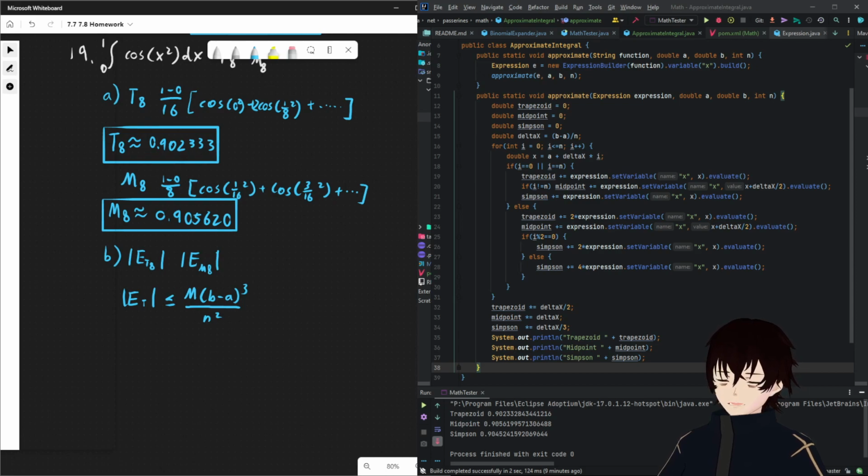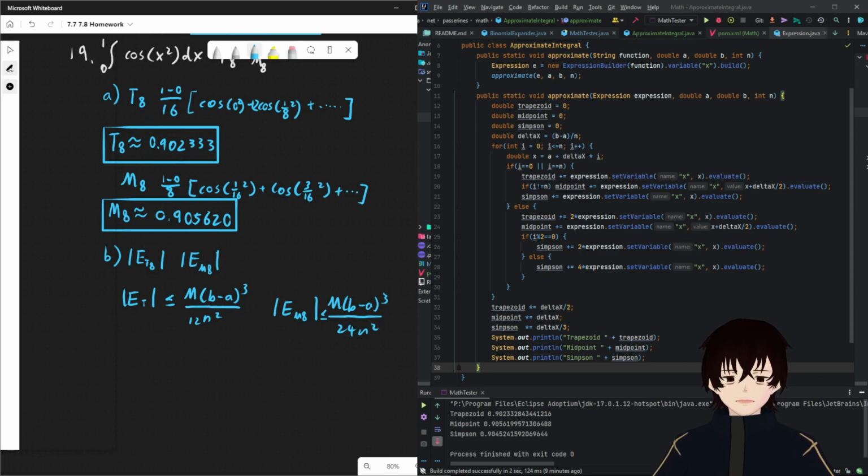Forgot something crucial: 12. And the error of midpoint 8 is essentially the same, except now we have less than or equal to 24 n squared. Wait, was it squared? Yeah, it was squared. Good.